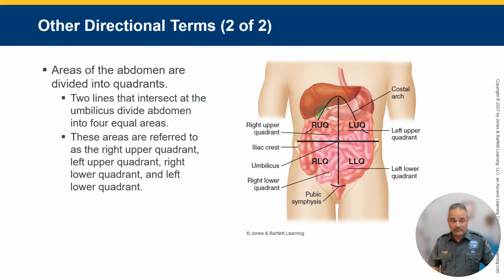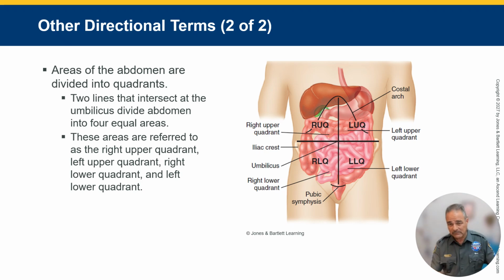Okay, areas of the abdomen are divided up into 4 quadrants. You can see them on this diagram. And you see RUQ, LUQ, right upper quadrant, left upper quadrant. And then RLQ and LLQ, right lower quadrant, left lower quadrant. You can see the organs that are in there, all right?